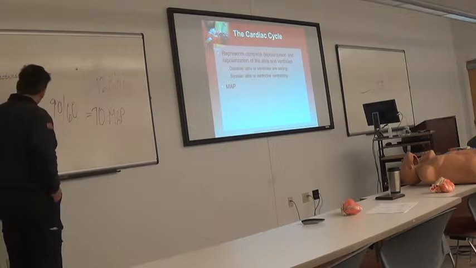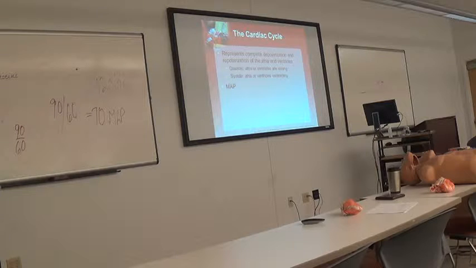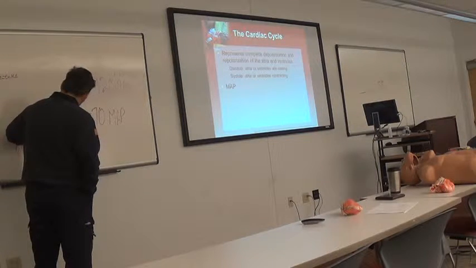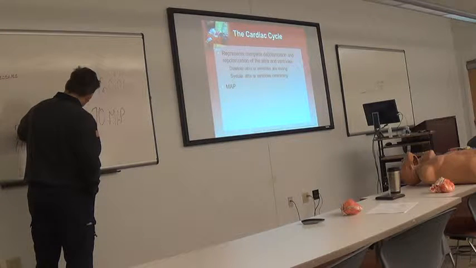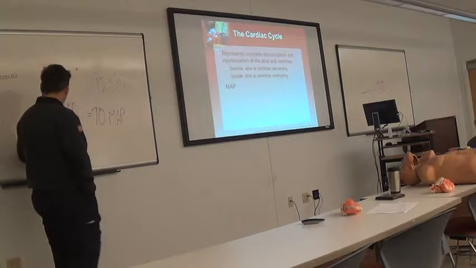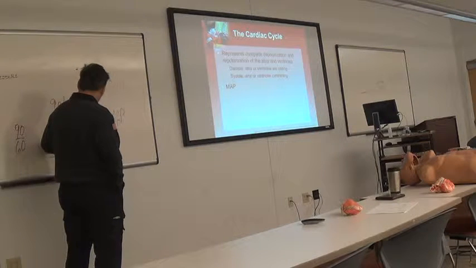Okay? It was simply this. So I did 90 over 60, okay? So I did 90 minus 60 divided by 3. Okay? So 90 minus 60 equals what? 30.